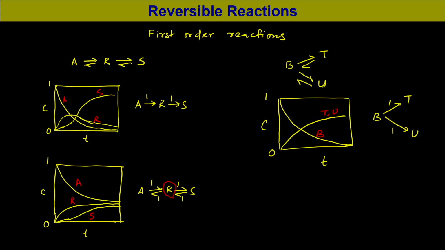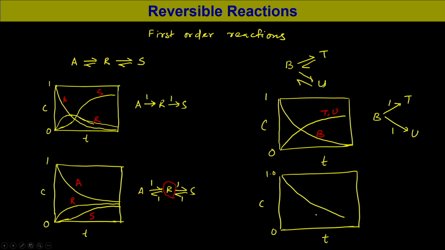Now, if we consider the case which is given, the concentration of B would decrease and the concentration of R and S would increase and it will not cross.